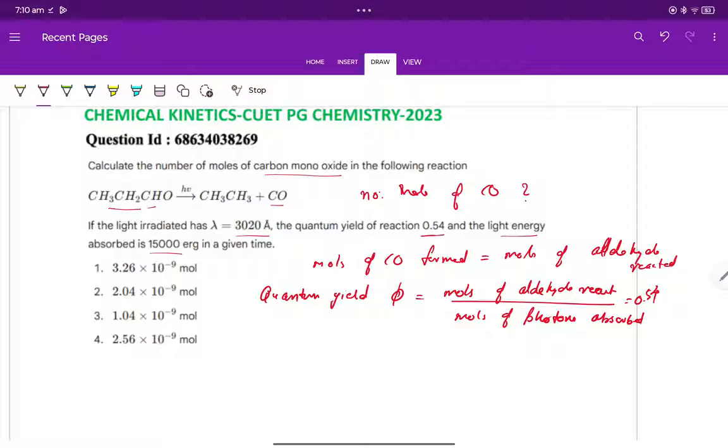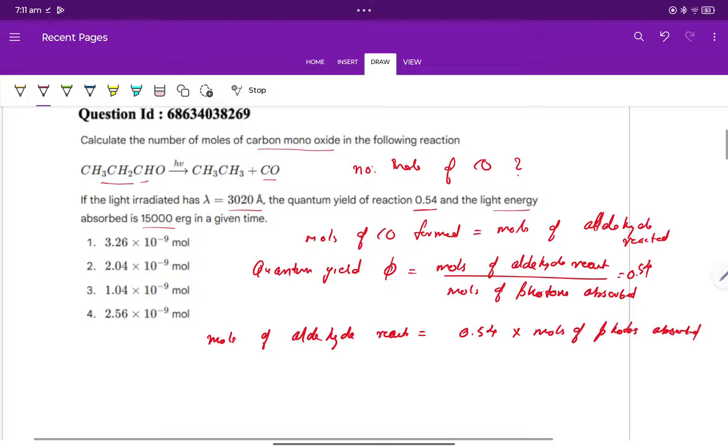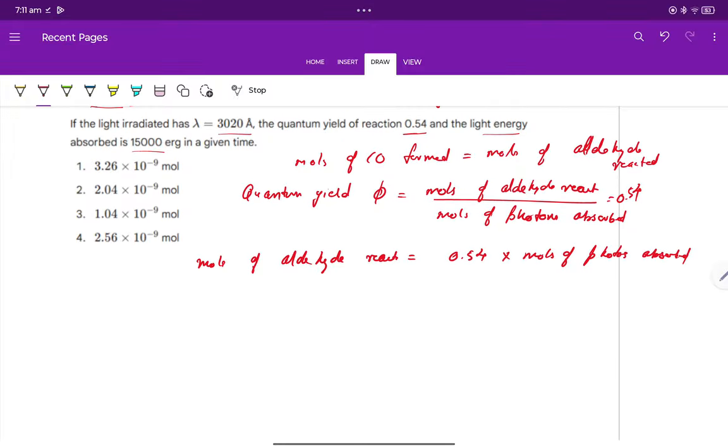Now we have to calculate the moles of aldehyde reacted. So moles of aldehyde reacted will be equal to 0.54 times moles of photons absorbed. So now our task is to find the moles of photons absorbed.